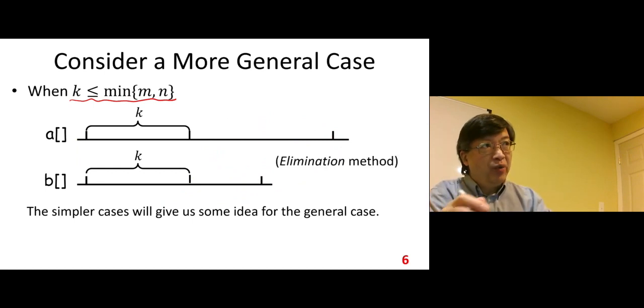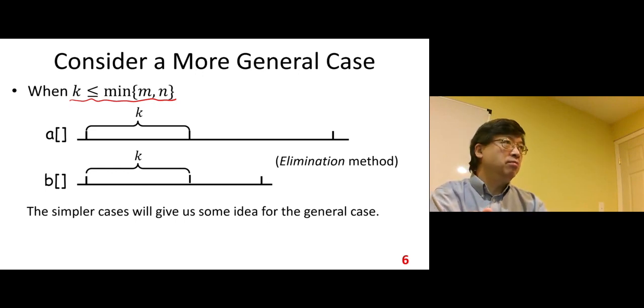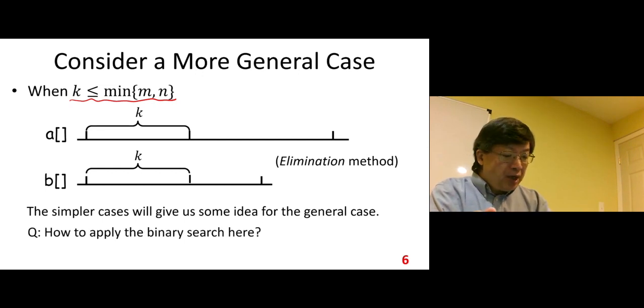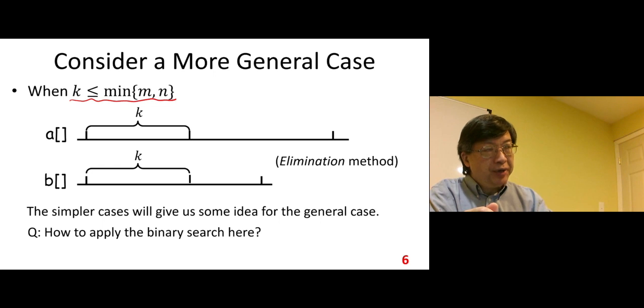Next, we will use the elimination method. We will really try to eliminate as many elements as possible based on our analysis. All right. How to apply the binary search here?